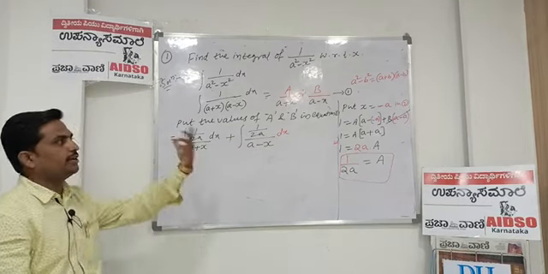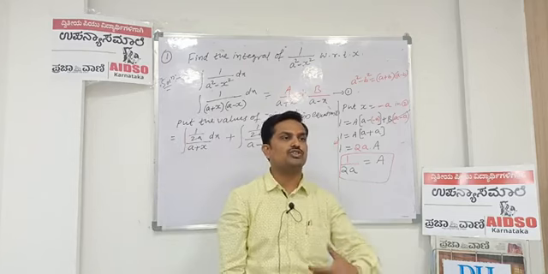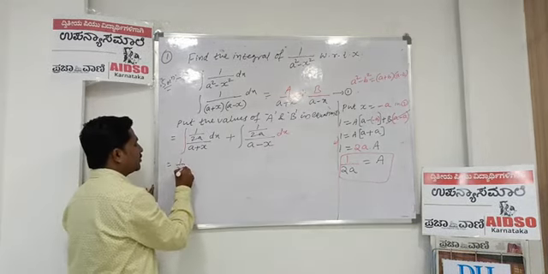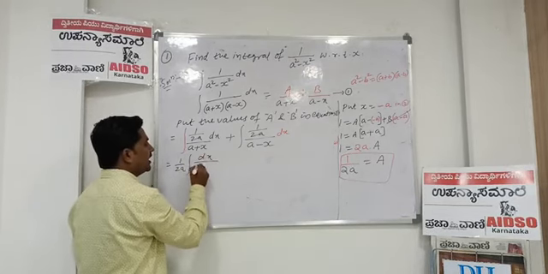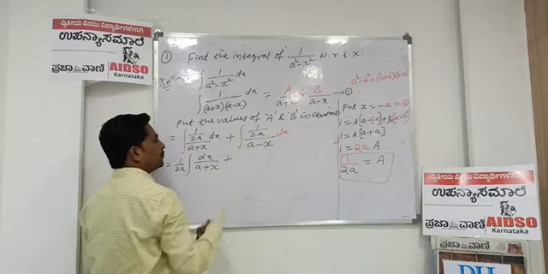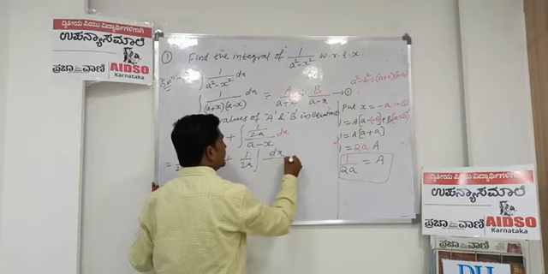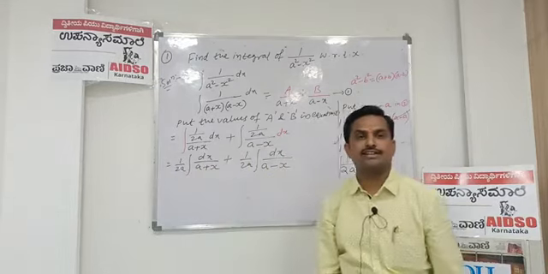So the a and b values we have substituted in equation 1, simultaneously with the integration part, so that integration we have applied, then it becomes 1 by 2a, the constant which has been taken outside the integral, dx divided by a plus x remains the same, plus 1 upon 2a can be taken outside the integral form, dx divided by a minus x. This will be nothing but a minus x we have taken.